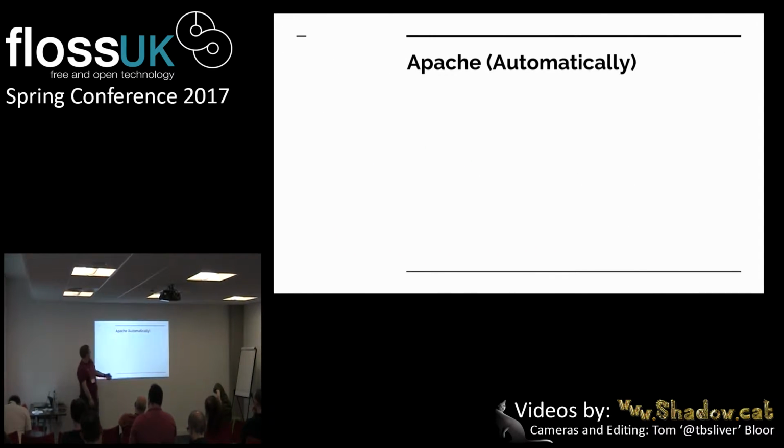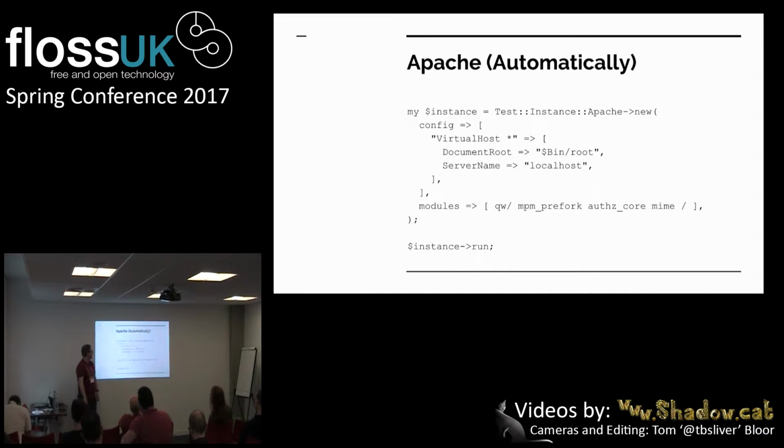But that's killing that. Of course, all these various parts can then, instead of having to make a custom test wrapper and various other bits, you can just include it like that. So create a new Test::Instance::Apache object with the config that you need, and you can put any config that you need. And obviously, if you need it in chevrons, you just put that in as a single string, so you can do whatever you want in there.